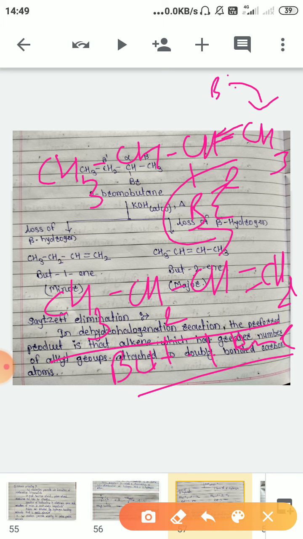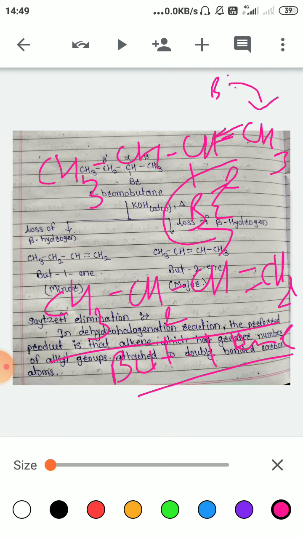So we have to remember here that the number of products is based on the presence of the number of beta hydrogen atoms. That means unsymmetrical alkyl halides give more than one product.